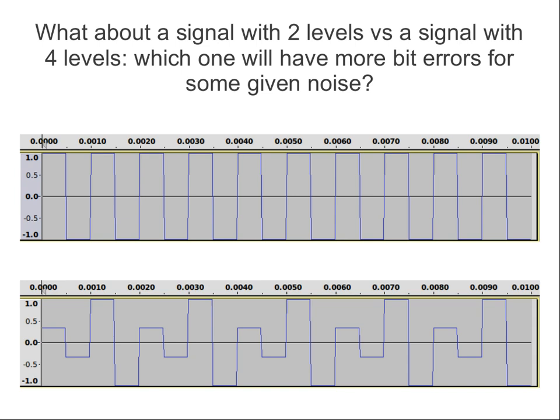That would be the signal using our signal encoding scheme to transmit this sequence of 8 bits. So we don't have to use one level per 1 bit. We can have more complex schemes.